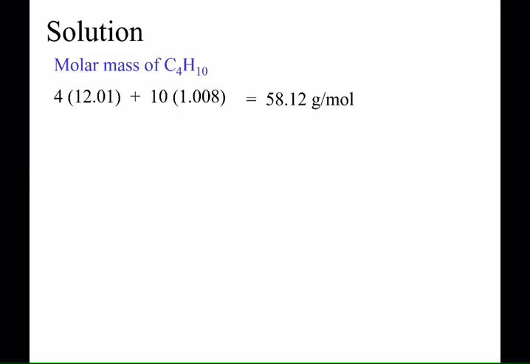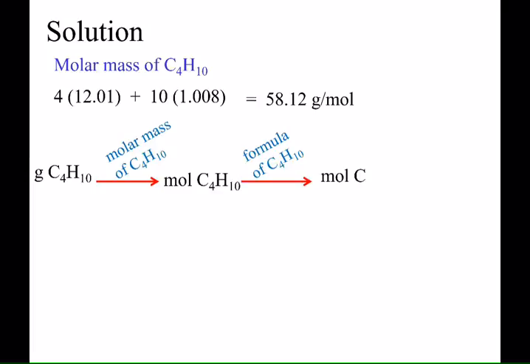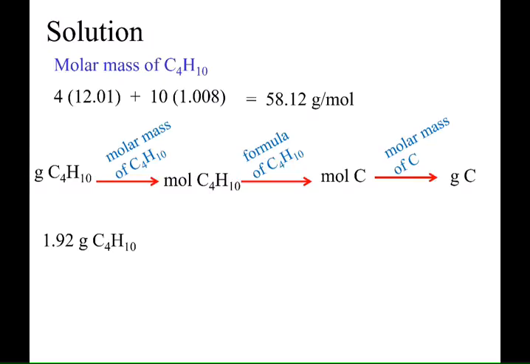Again, I would unpack that. Not going to do it now, but I think you're okay with that. We're ready to work the problem. This kind of just says what I said a minute ago. You're okay with all that? So the first term is going to be the mass we want to convert, which is that 1.92 grams of C4H10 over 1.